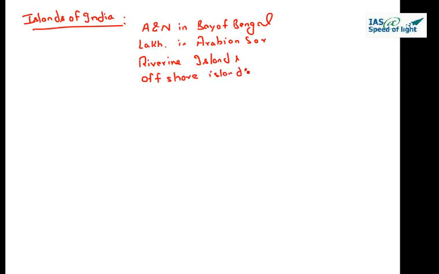Now to talk about the riverine island, one name we have to remember, it is the Majuli Island. It is in Jorhat district of Assam.